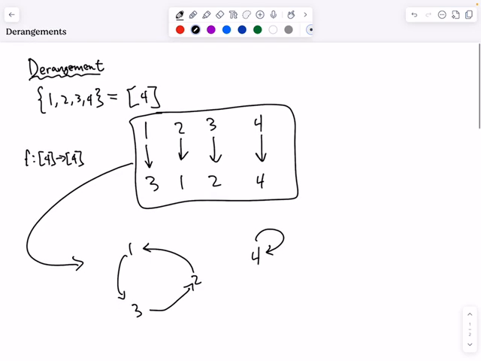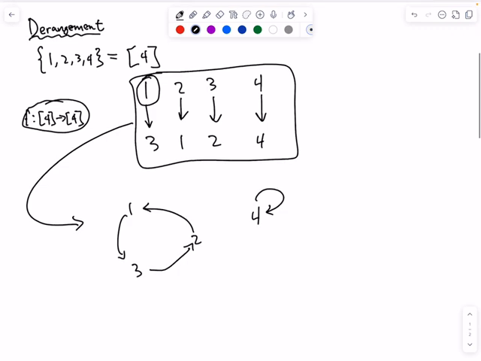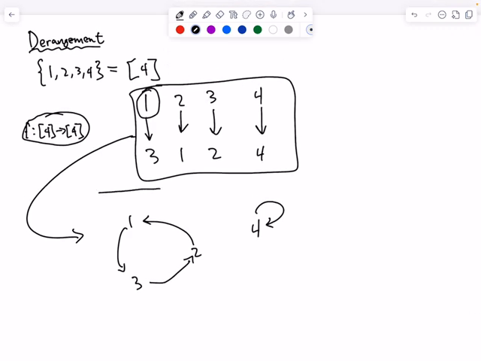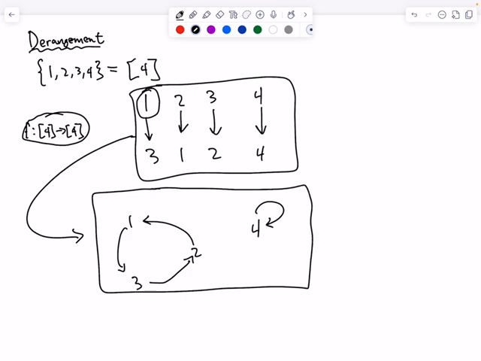So by the properties of a permutation, and by properties I mean we have a one-to-one mapping between these two sets, the functional digraph of a permutation is actually just a collection of cycles.